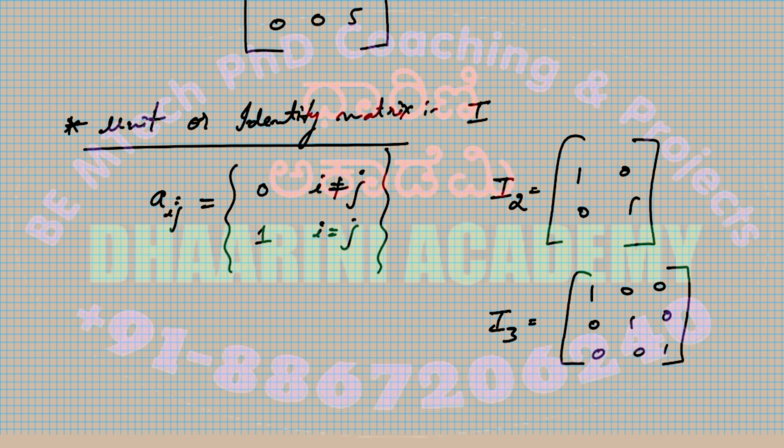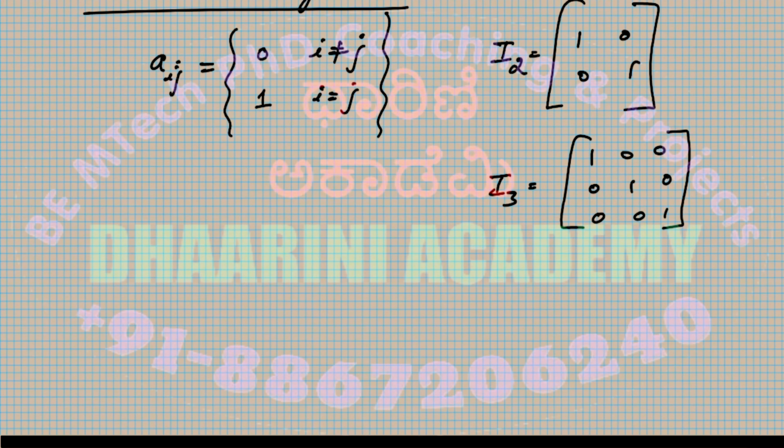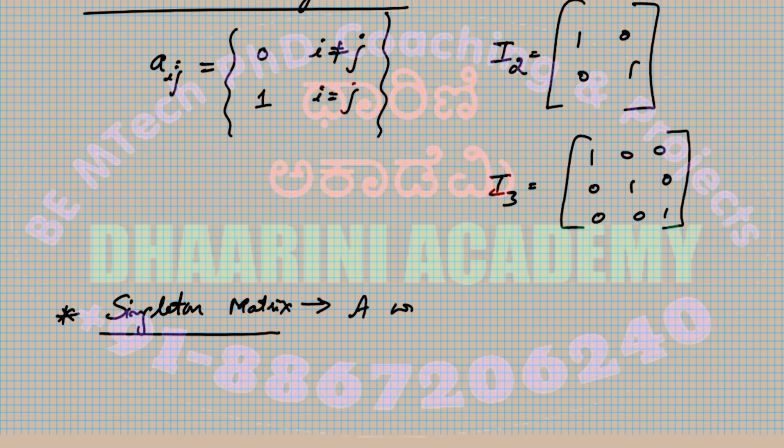Then we have another matrix that is called a singleton matrix.